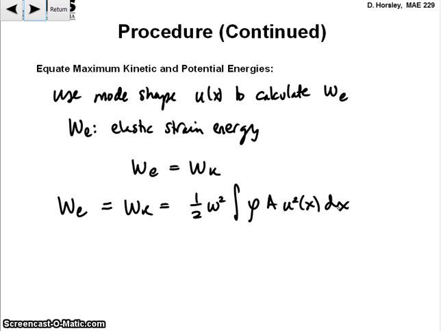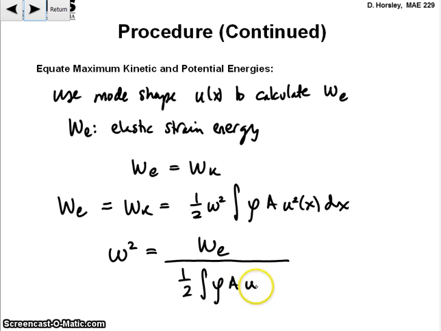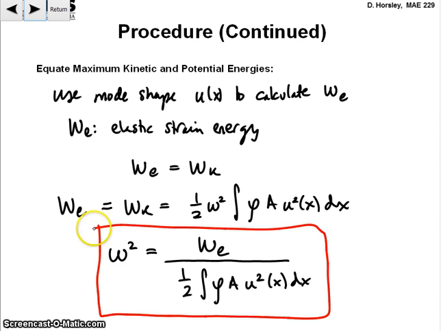Okay, and then we can solve this for the resonant frequency. We get omega squared is equal to the elastic strain energy integral divided by 1/2 integral rho A u squared of x dx. Okay, this is the formula for the estimated natural frequency.